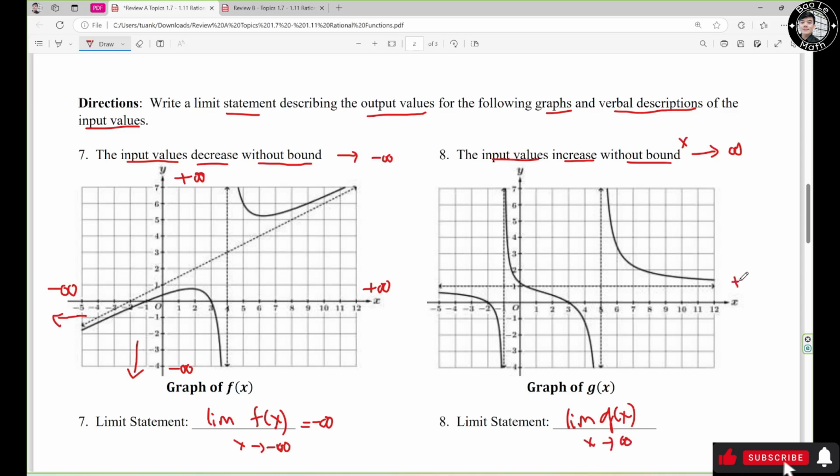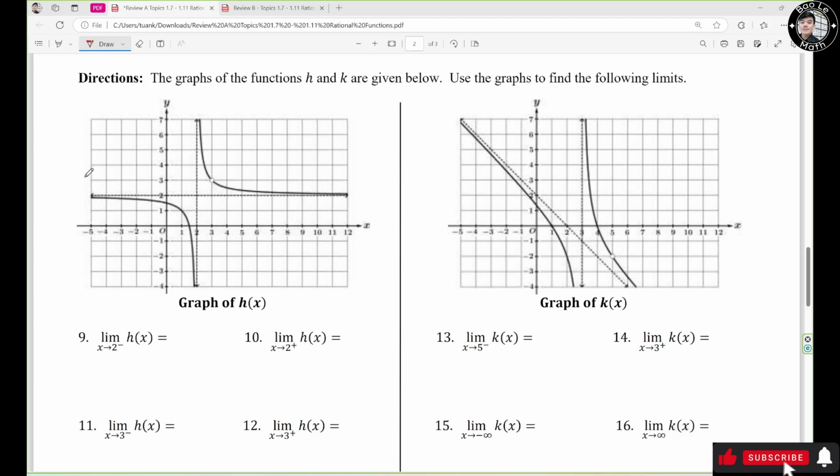Alright, so this is positive infinity, this one is positive infinity, this one is negative infinity, this one is negative infinity. So we just focus on this one only. As s approaches positive infinity, the function approaches the horizontal asymptote, which is y equals 1, so it's going to be 1, right?